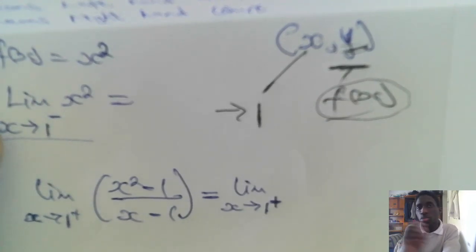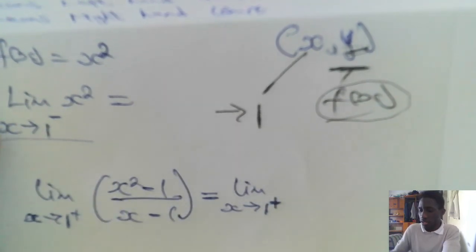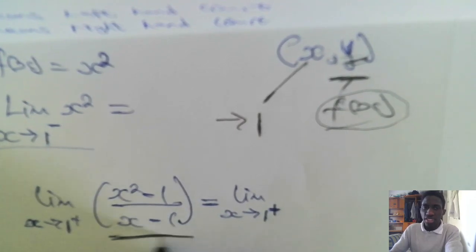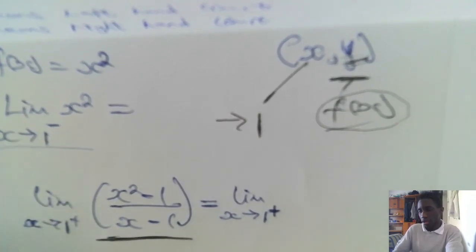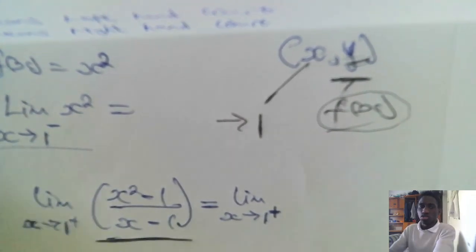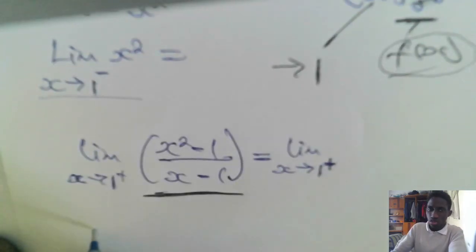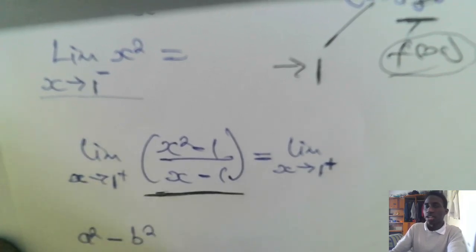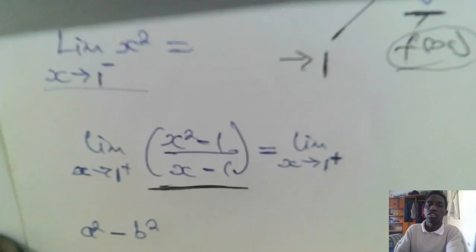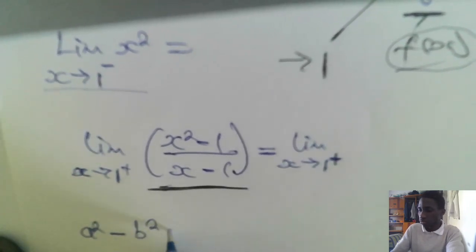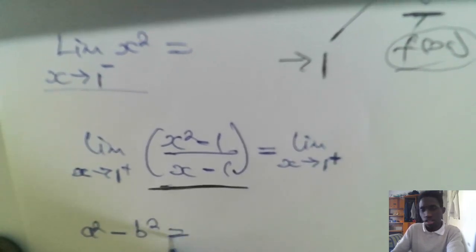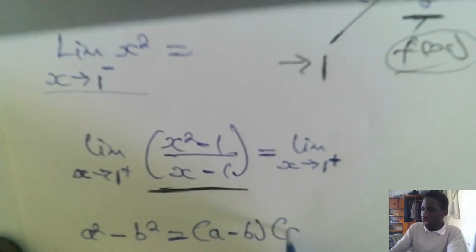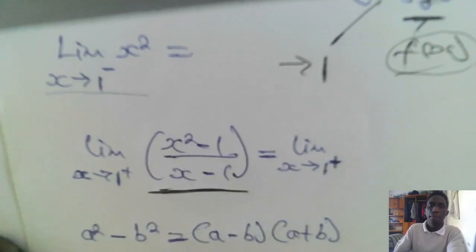If you remember what I said about the difference of two squares, where you have a squared minus b squared and you want to factorize it, this gives you a minus b multiplied by a plus b.